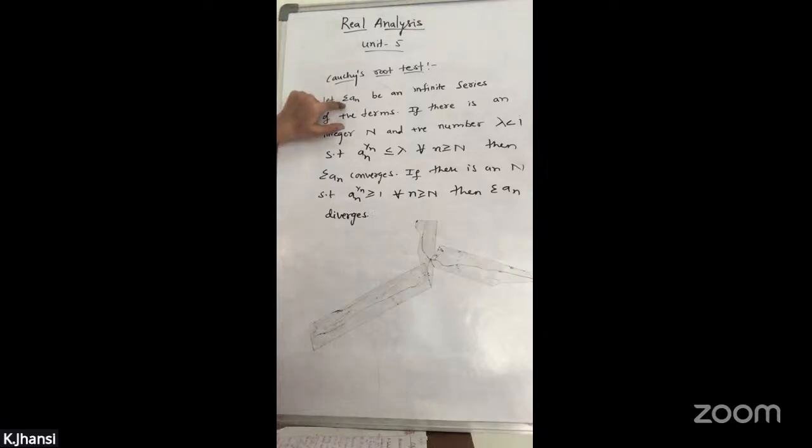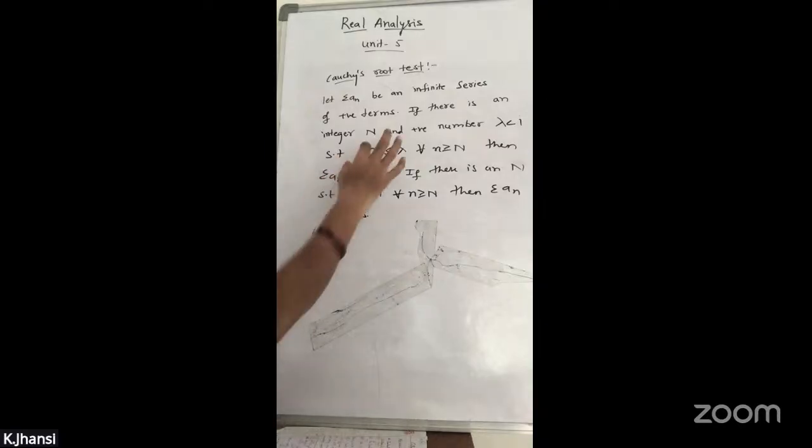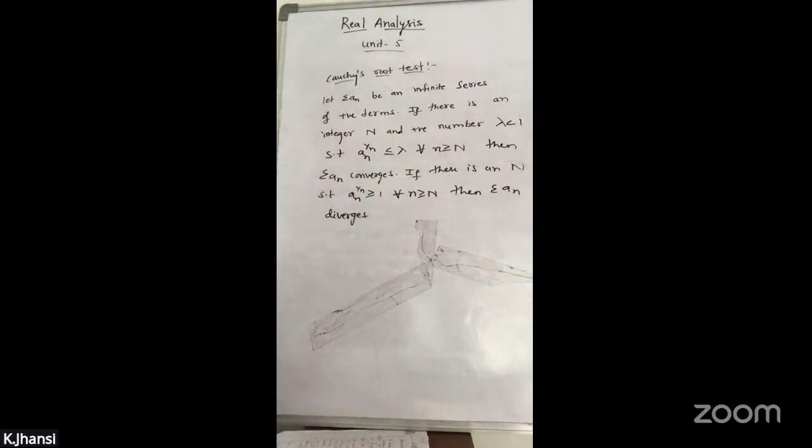That is, let summation an be an infinite series of positive terms. If there is an integer, which we take as capital N, and a positive number, here taken as lambda, which is less than 1, such that an to the power of 1 by n is less than or equal to lambda, then summation an converges.